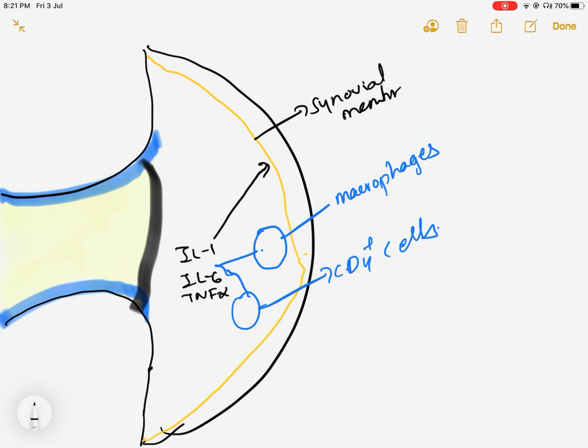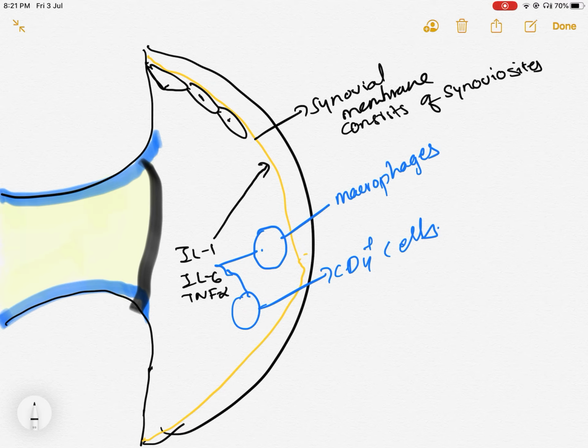The synovial membrane consists of synoviocytes. These synoviocytes are like fibroblasts. They're similar to fibroblasts. These are also called fibroblast-like synoviocytes.